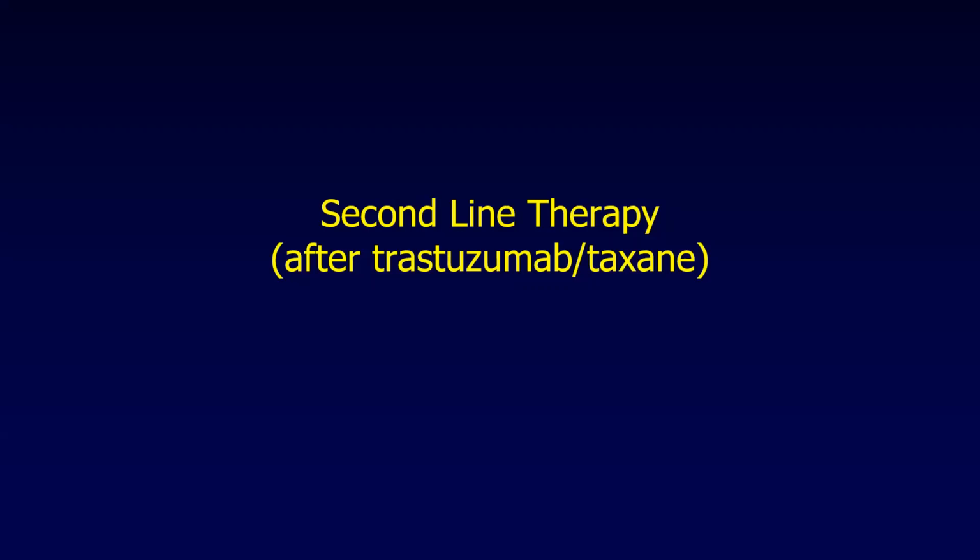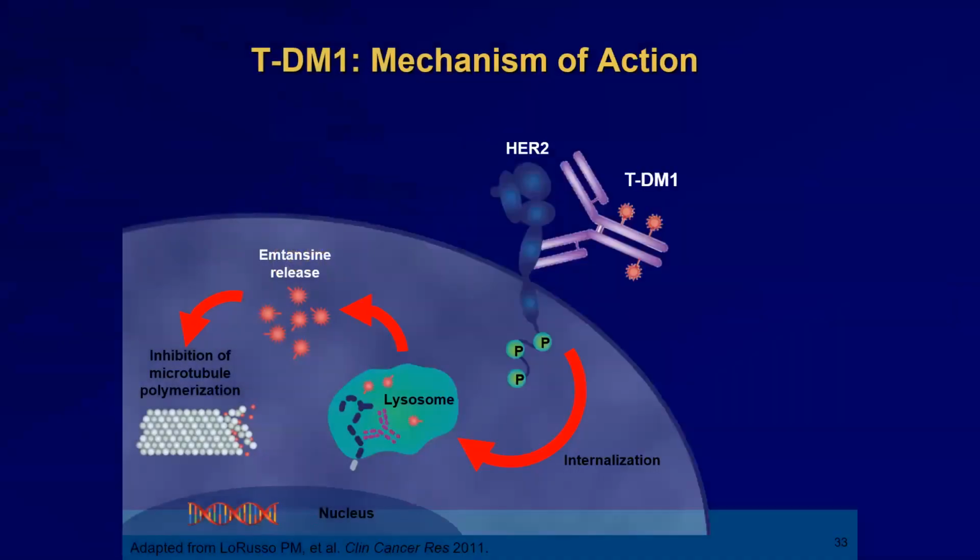And the standard second-line therapy for about 8 years was this drug called TDM1, also known as Kadcyla or trastuzumab emtansine. And it's pictured right here, this purple molecule. It's essentially trastuzumab or Herceptin, and loaded onto it are 3 to 4 chemotherapy molecules.